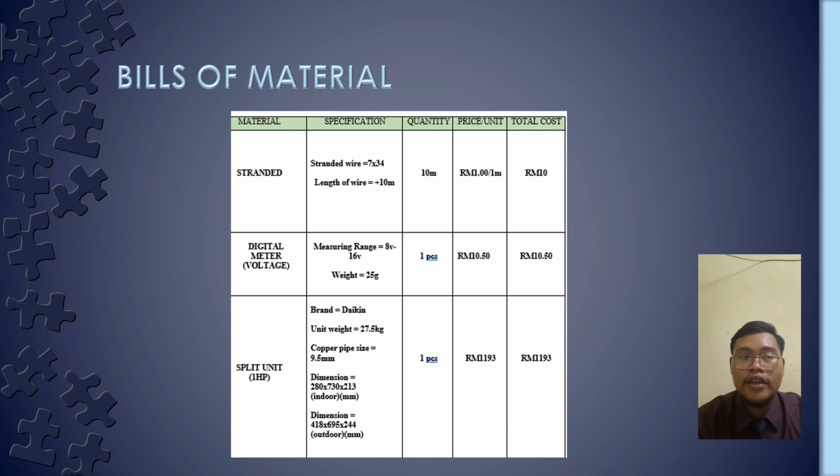And then we buy a split unit, 1 horsepower, brand Daikin. Unit weight is 27.5 kg with copper pipe size 9.5 mm, and the dimension for indoor is 280 times 730 times 213, and for outdoor is 418 times 695 times 244 mm. We only use 1 split unit, and the price is 1,193 ringgit.